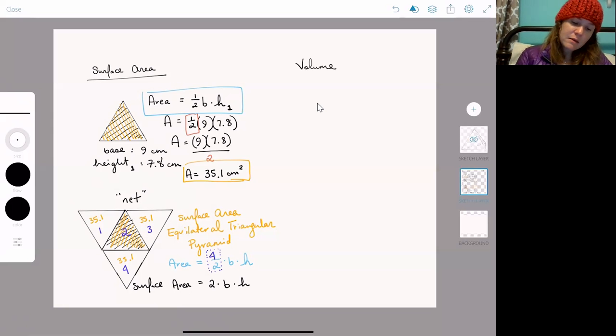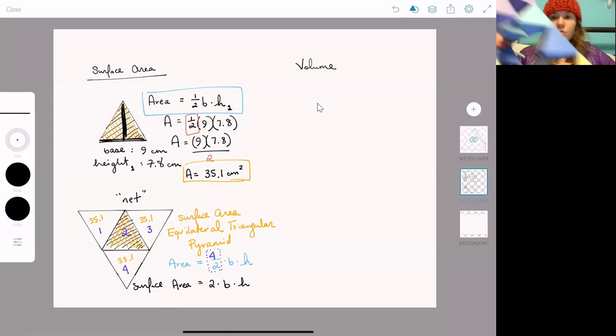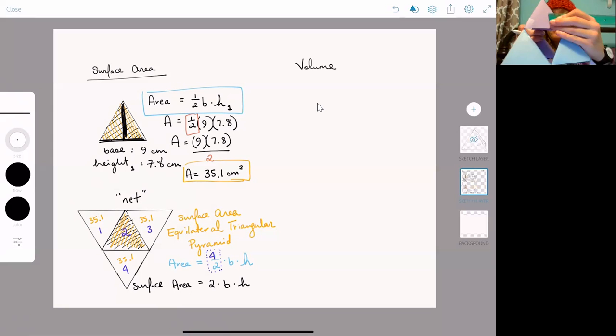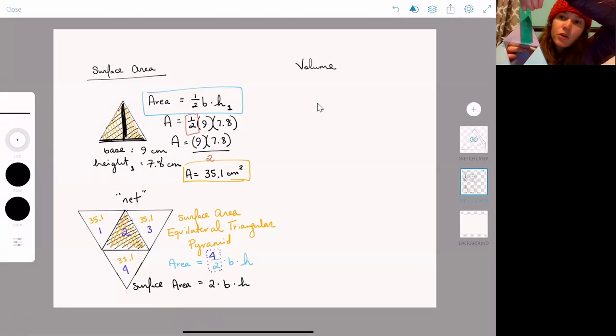And remember, that's the base and the height of one of my pyramids. So for example, here, if I were trying to measure from this and not from my pattern, I could still just say, okay, measure the base and then measure the height of one.